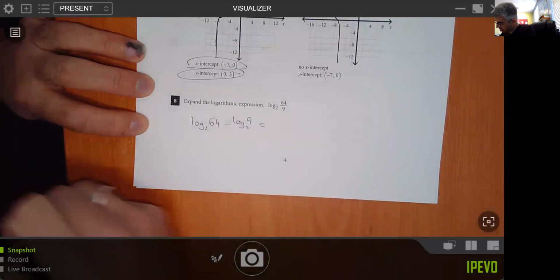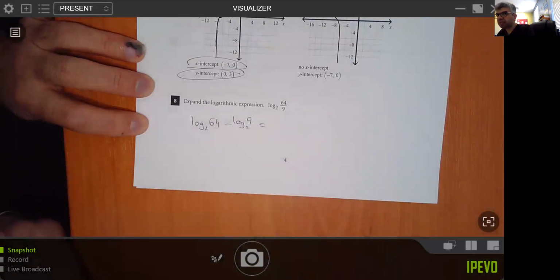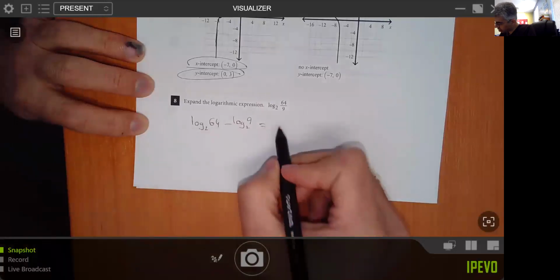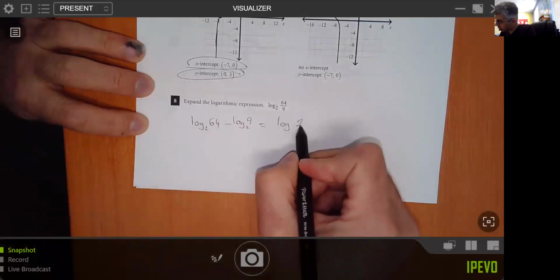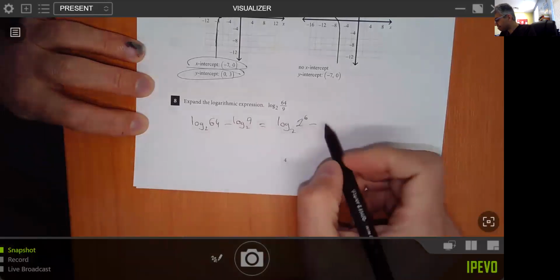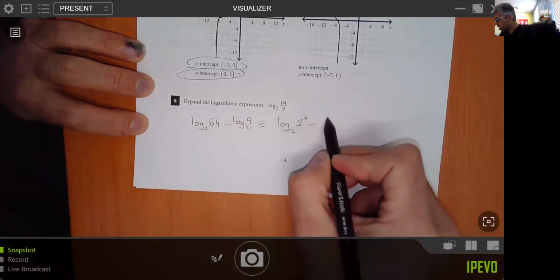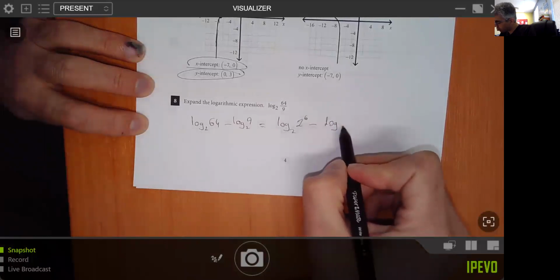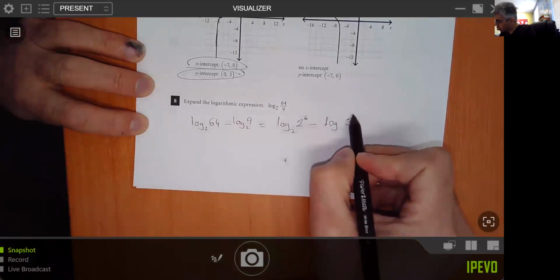What can I write here? 64. Can I write it as a power of 2? Yes, it is the 6th power of 2. So I have base 2. What about 9? Well, 9 I cannot write with base 2, but I can write it as 3 squared.